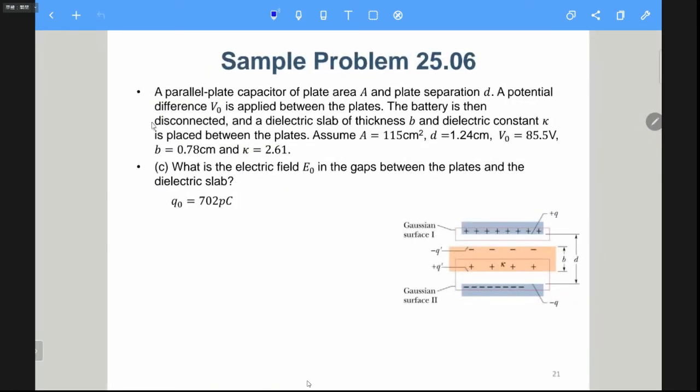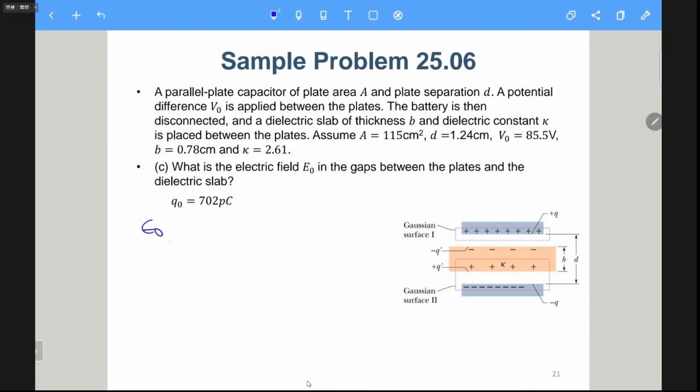Okay, so next, what is the electric field E0 in the gap between the plate and the dielectric slab? E0. So now we need to use the Gauss law. Let me write down the Gauss law first.